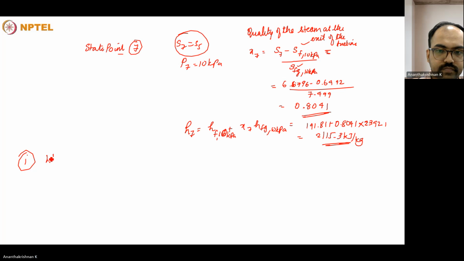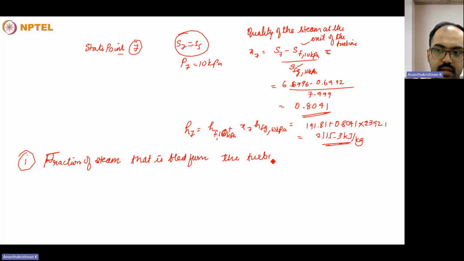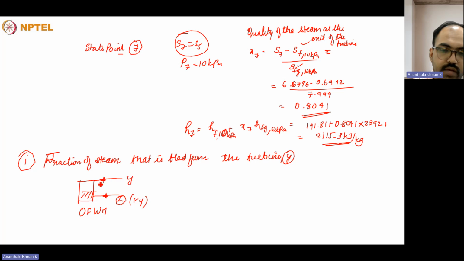So if the fraction of steam that is bled from the turbine is Y, basically, if I draw the open feed water heater, a portion that comes from the pump, that is 1 minus Y, and the portion that is coming from the turbine, that is Y, mix together to give, this is 0.6, total Y plus 1 minus Y, it will be 1.